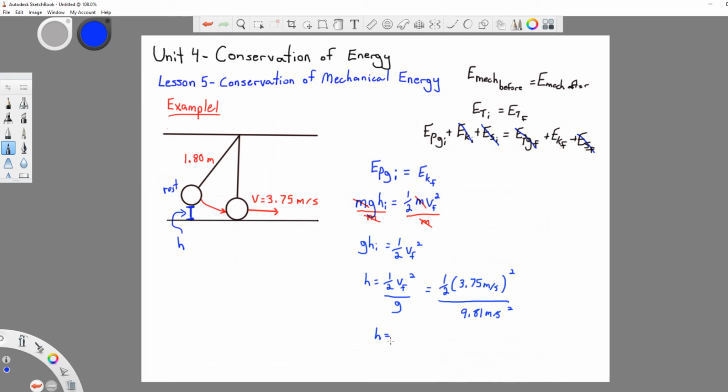And we end up finding that our initial height here is equal to, with 3 sig digs, 0.717 meters. That is how high this bob was dropped from. Alright, we can put a little arrow here. 0.717 meters. And that's all for example 1.